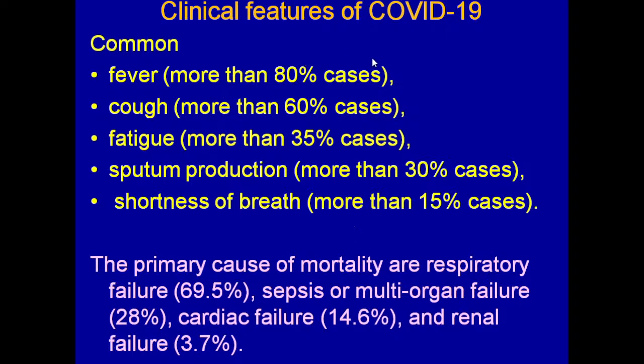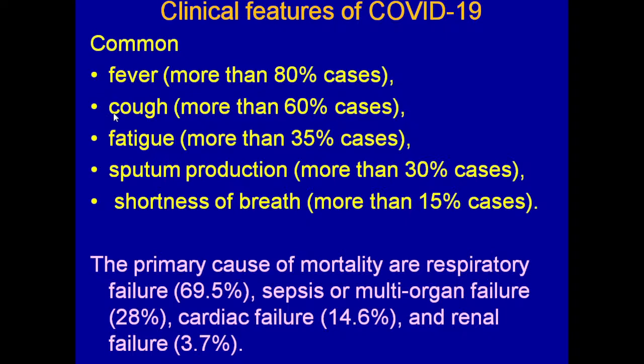We rank the symptoms according to how often they are produced. So, on the first place, of course, fever ranks first because it is seen in more than 80% of cases.